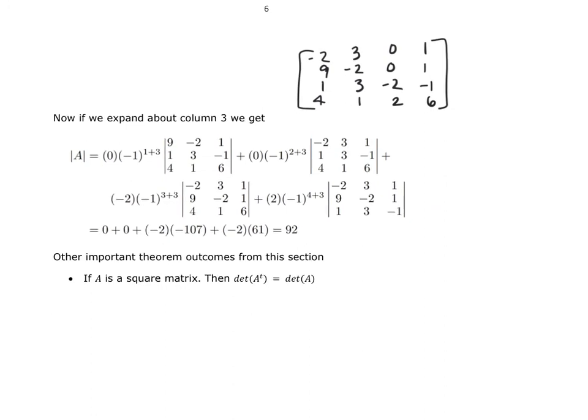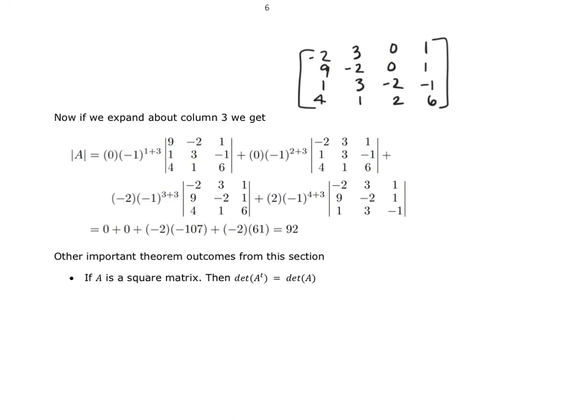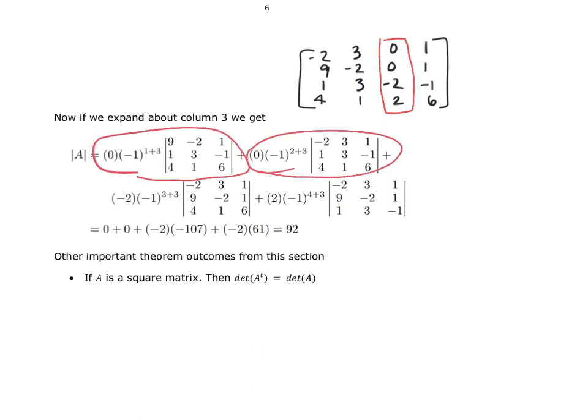So, expanding out column 3. Notice when we expand out column 3, this one and this one are being multiplied by the 0. So that just cuts my work in half. So when you are doing determinants, you're going to want to choose a column or a row that has the most zeros and expand it out that way.